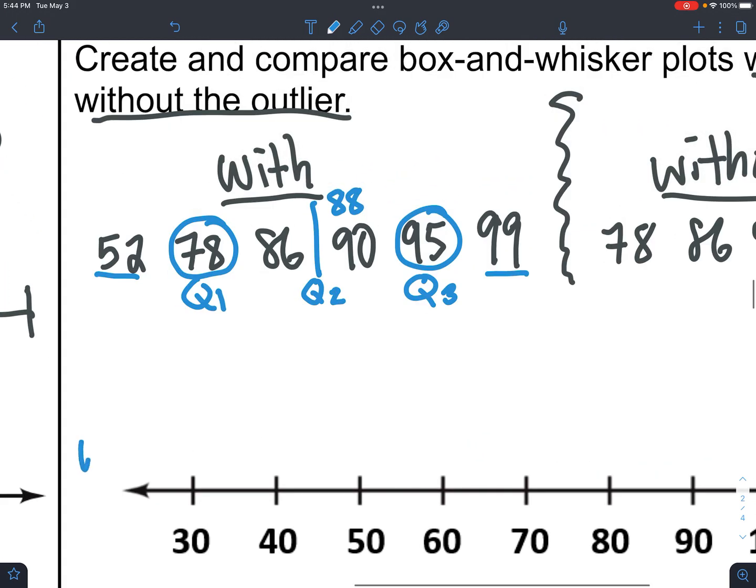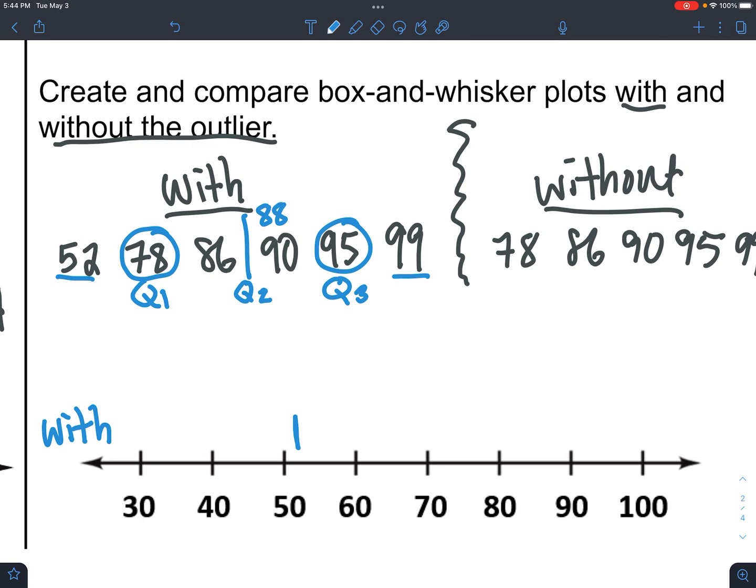So let's plot the width. So we got 52, we got 78, 88 is our next number, and then 95. Oh, did I miss a number? Yeah, 99. Okay. That's how you do it.